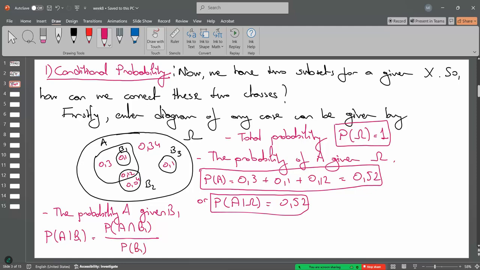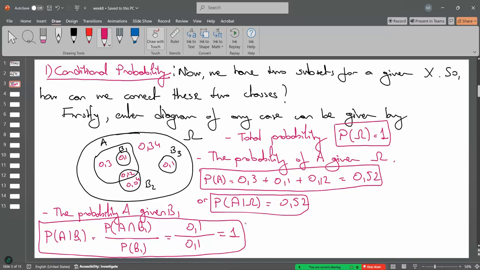The probability of happening B1 is equal to 0.1, because it's the chance of B1 happening. And A contains this one, so the intersection is equal to 0.1, which means that this is equal to 1. We can calculate these values just like this.